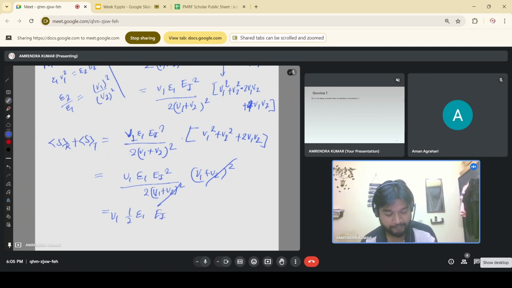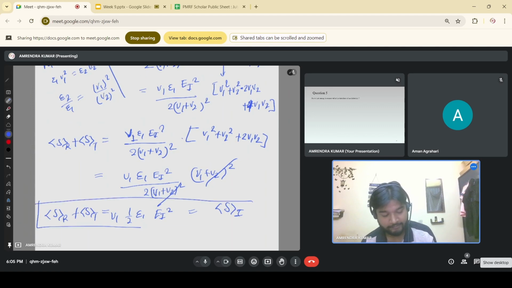And you can see indeed whatever energy we have sent, that energy is conserved. So this is the energy conservation at that interface.